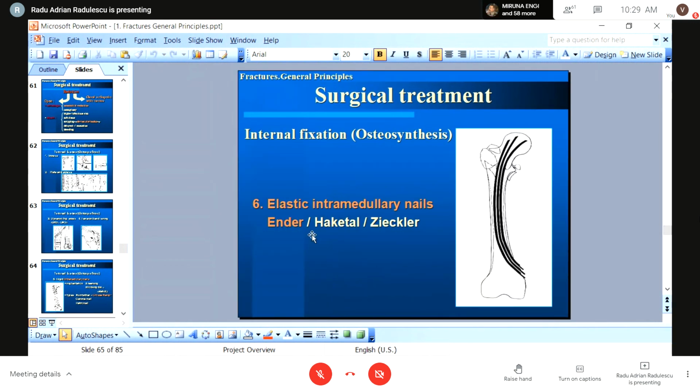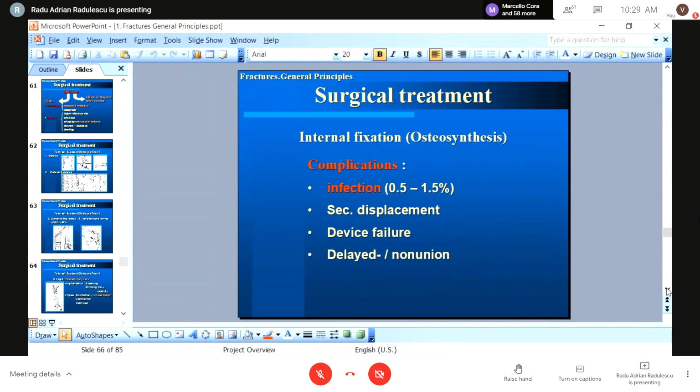Also, we may use elastic intramedullary nails like Ender nails. I only mention this as a possible fixation device, but they are not used anymore because the rods are the preferred method in our days.